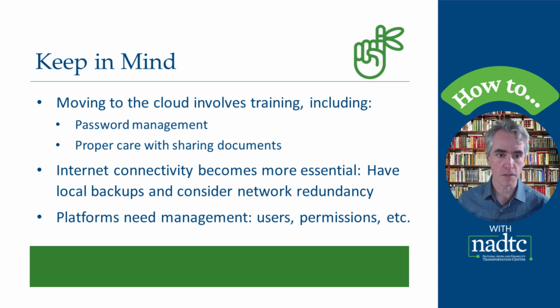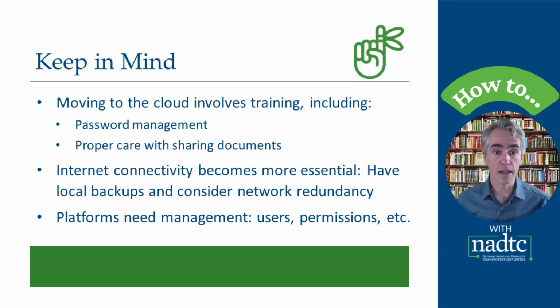Both Office 365 and Google Workspace offer some administrative controls to prevent sharing outside of the organization, so that may be something to consider. Also, because your data is no longer inside your building, your internet connection becomes much more important because it's the lifeline to your own data. So if you have an internet connection that is slow or unreliable, before you make a transition to the cloud, you'll want to address that.